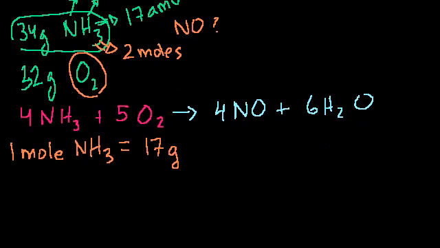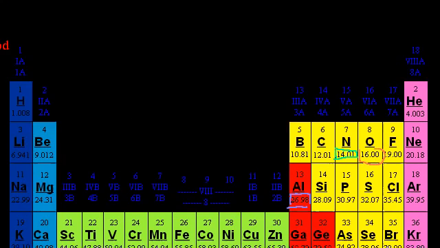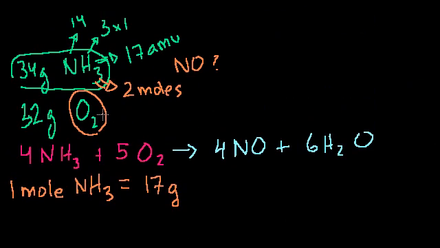We can confirm that looking at the periodic table down here. 16. So what's the molecular mass of the diatomic molecule O2? It has 2 oxygens, so it's 2 times 16, which equals 32 atomic mass units.